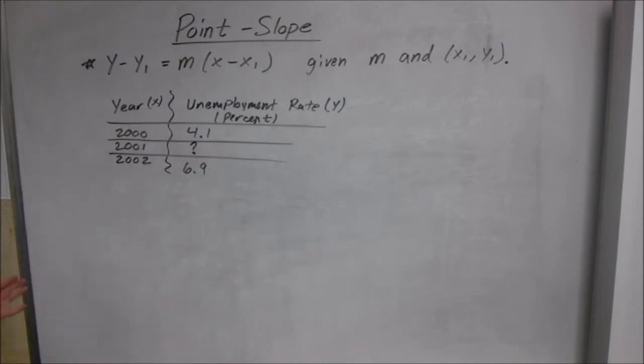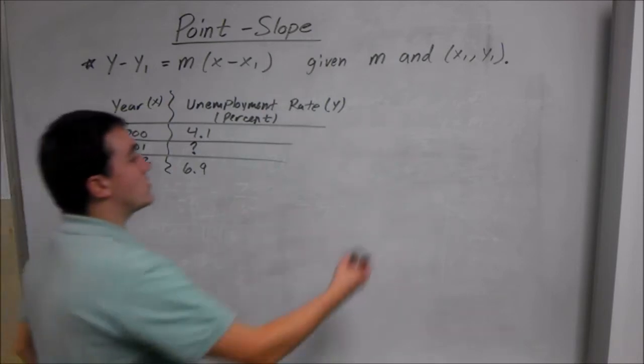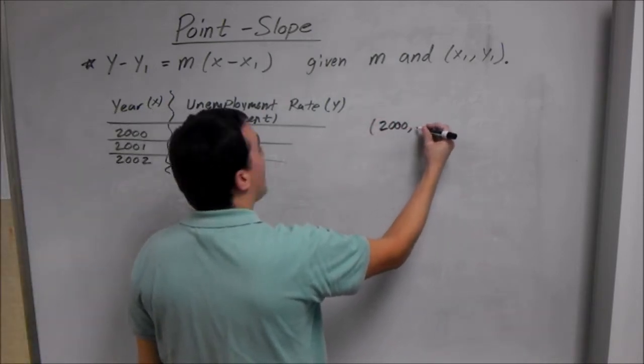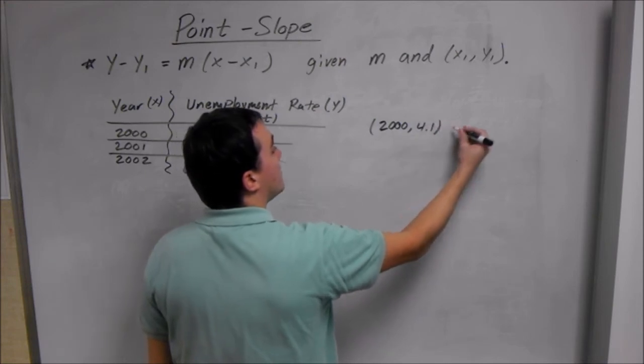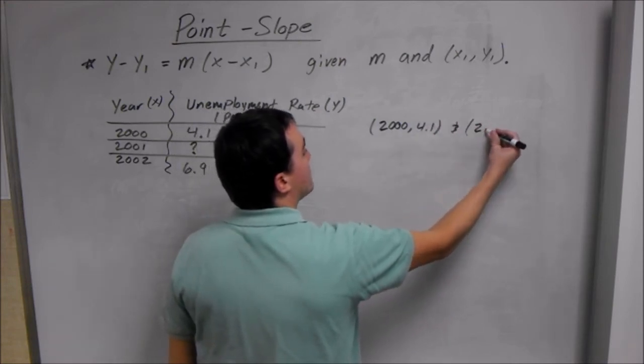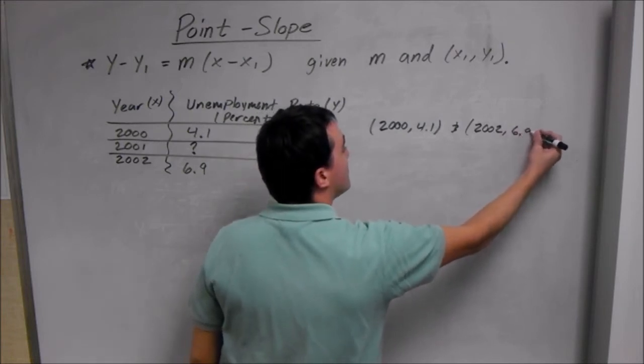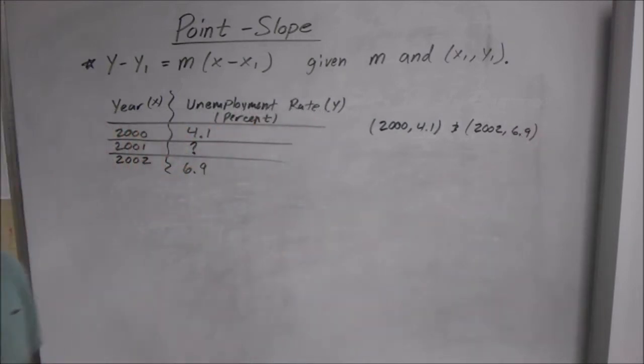All right. So first, we know we have 3 points here, but we don't have the y value for our middle point. That's what we're trying to find. So we do have 2 given points, though. We have 2,000, comma 4.1, and 2,002, comma 6.9. Well, first thing, we have 2 points, but we need a slope.